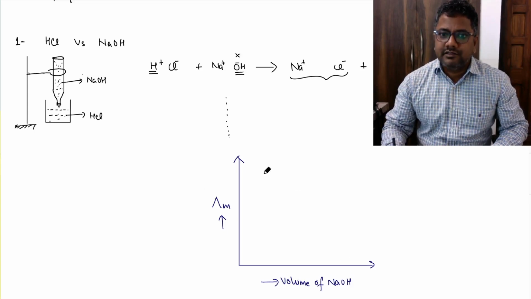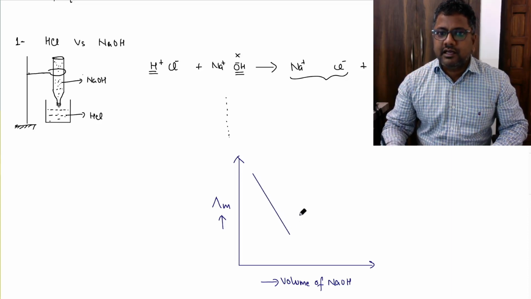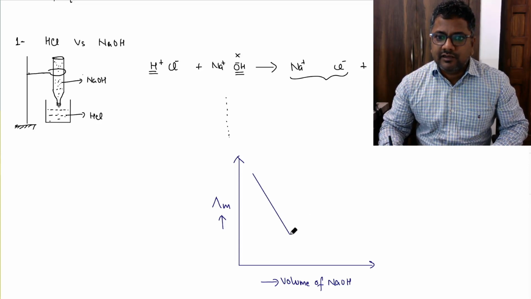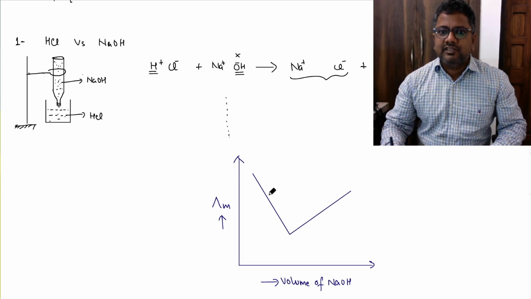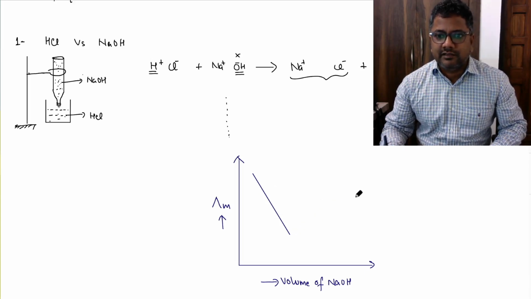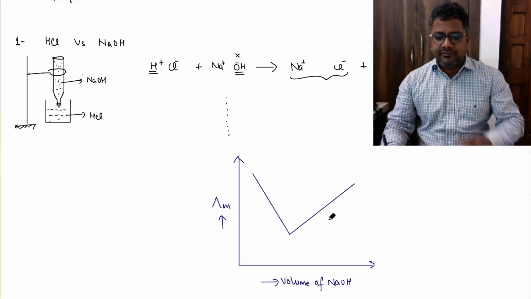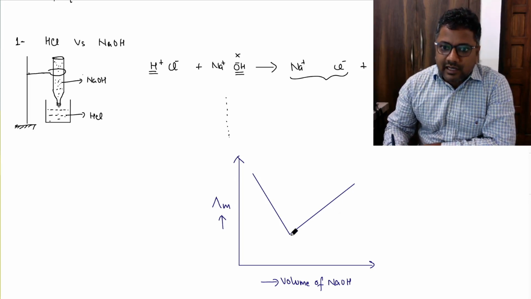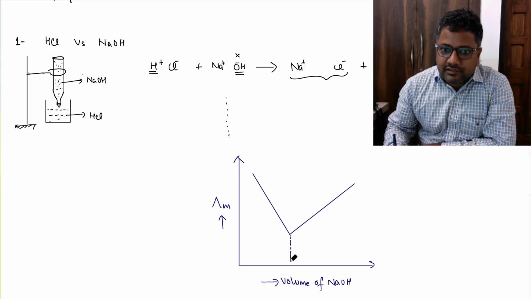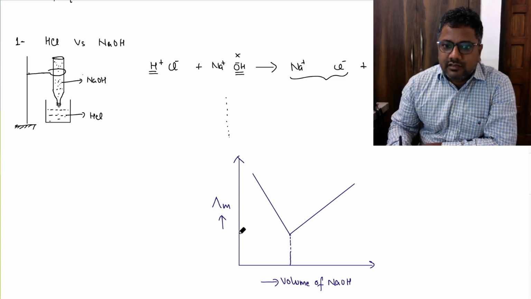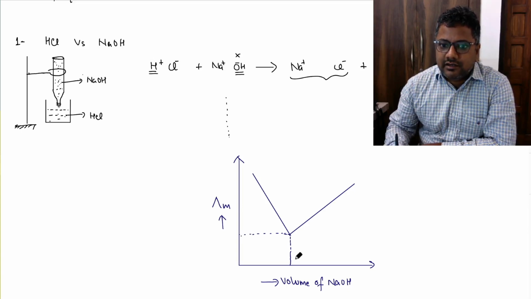So what do we get? We will get a sharp decrease in the molar conductance, and after that there is a sharp increase. But this time the slope may have some difference from the earlier slope, and this is the equivalence point. The molar conductance corresponding to this is at the equivalence point.